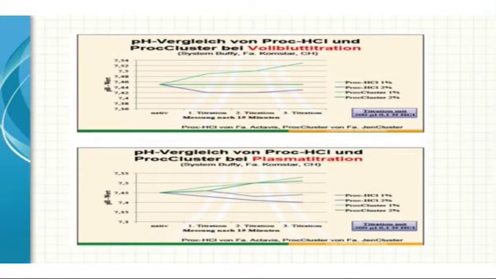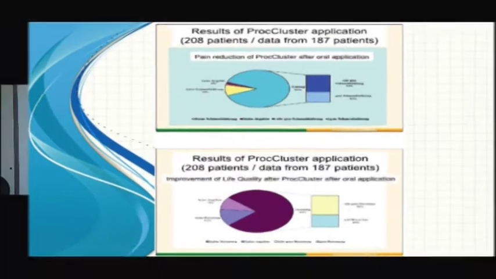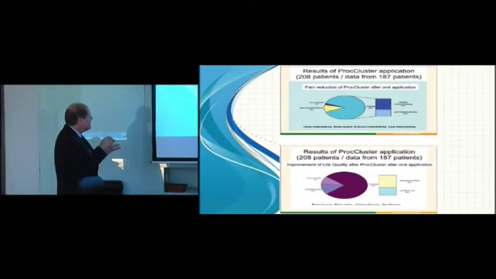It also has been tested in a lot of patients to look at how this Procluster can relieve pain. And there was a cohort of different patients with pain from cancer, arthritis, gout, whatever can cause pain.